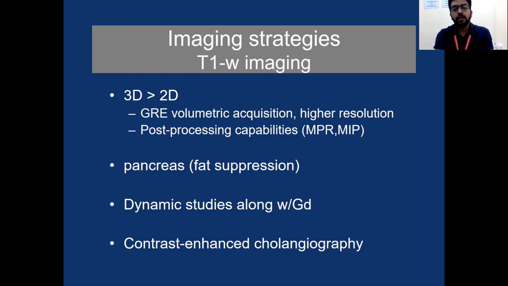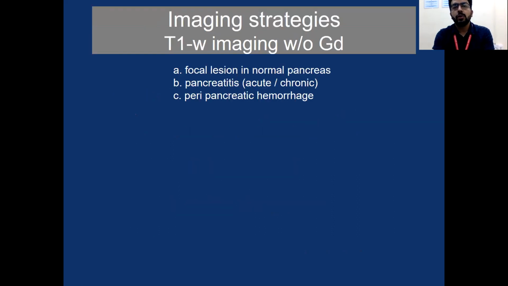Then contrast enhanced cholangiography can also be done. So imaging strategies in T1 weighted imaging without gadolinium are used in focal lesions in normal pancreas, in pancreatitis, whether acute or chronic, and peripancreatic hemorrhage.